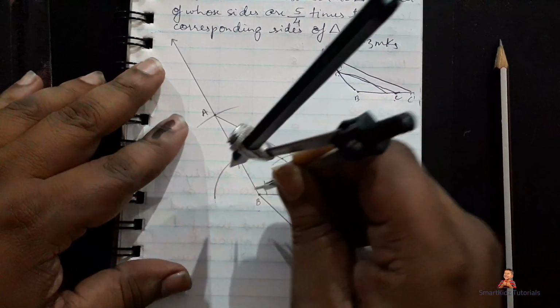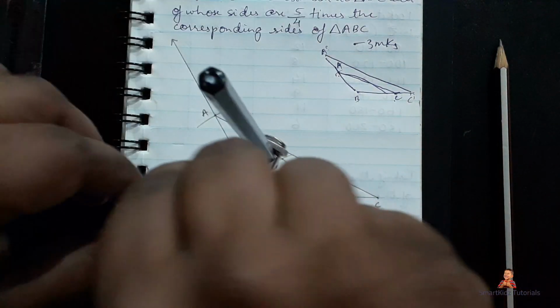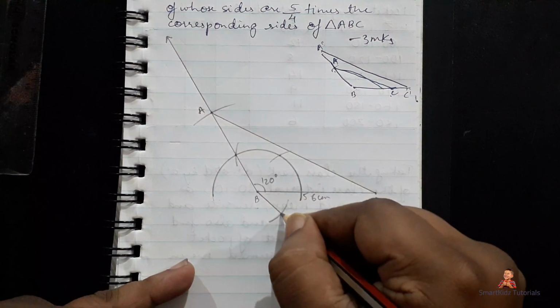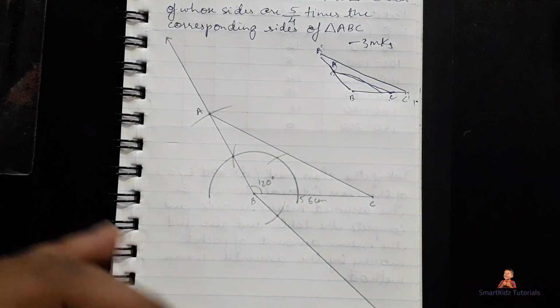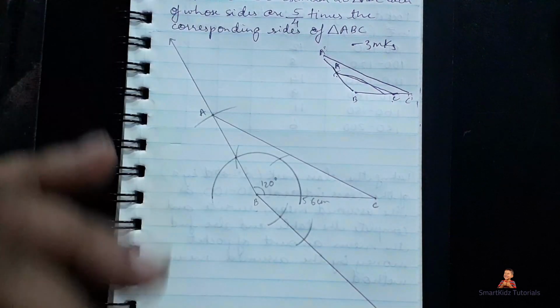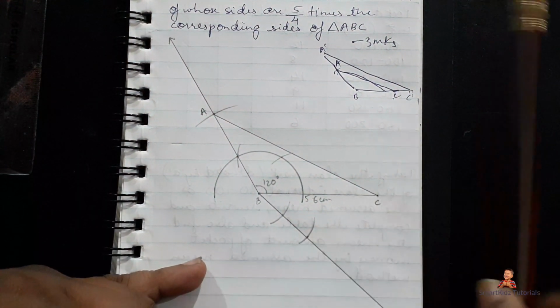Okay, so I've taken some measurement and I'm going to begin from this B. I cut it into equal parts. That's one. Then I'm going to take this as a center where this arc cuts this line, and draw another arc cutting this line with the same measurement. That's the second one. We have to make sure we cut it into 5 equal parts.